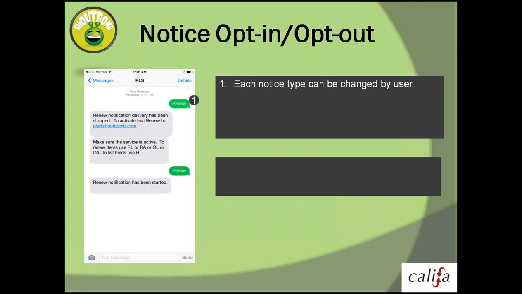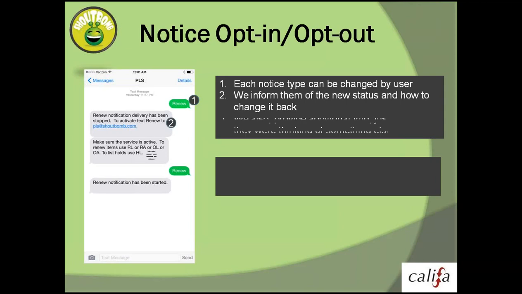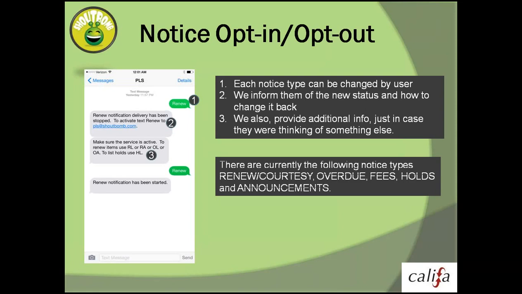The patron may make a mistake and send us the keyword renew when they actually wanted to renew the book, but we can inform them of the new status, that the notification itself has stopped, and how to reverse that. We also provide a little tip that says, just in case, to renew items you have these keywords, and of course they can reply again and restart the service.